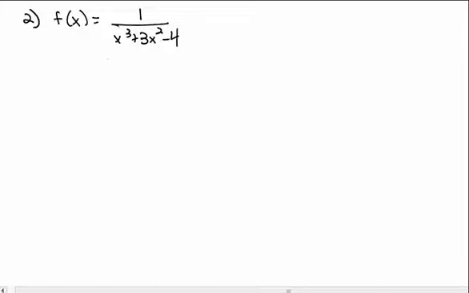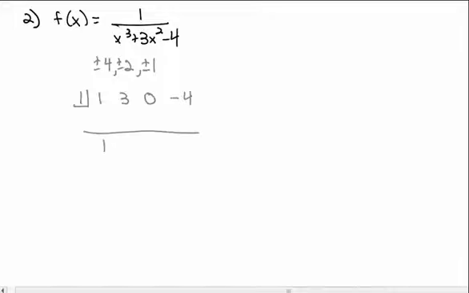Let's see. We could have 4 over 1, 2 over 1, or 1 over 1, plus or minus. And continuing on with the rational root theorem, let's try 1 first because it's the easiest to pull out. 1x cubed, 3x squared. Notice we're missing the 0x.